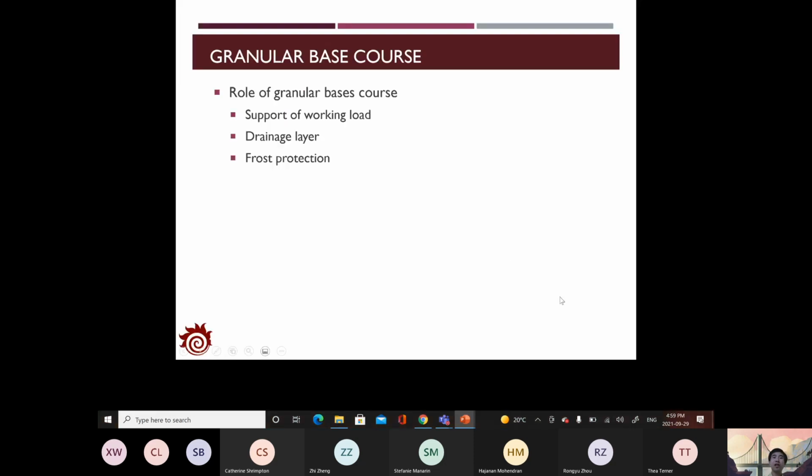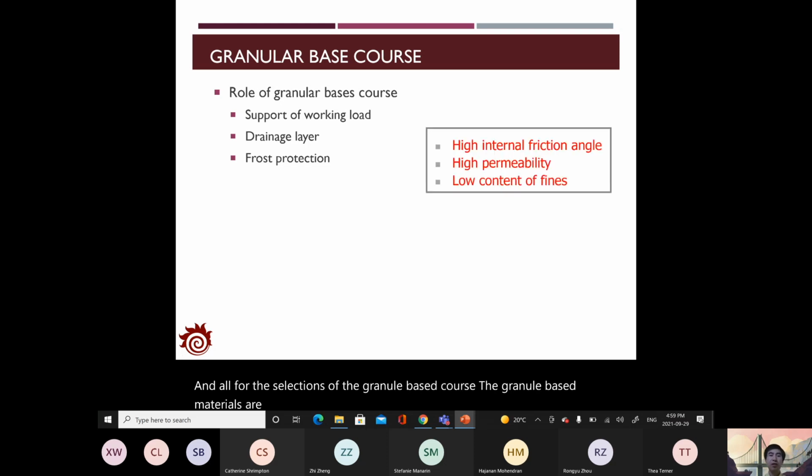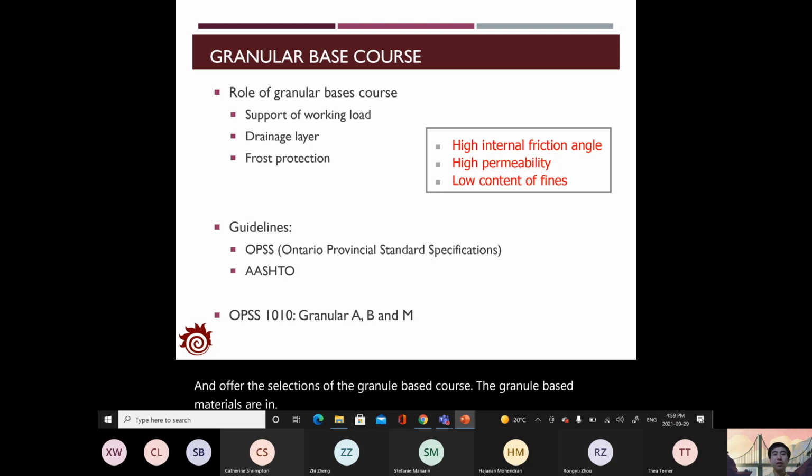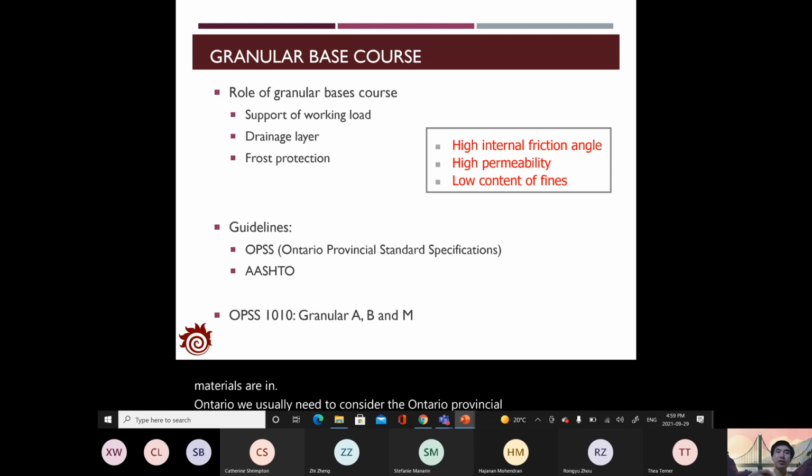And for the selection of the granular base materials in Ontario, we usually need to consider the Ontario Provincial Standard Specification. There will be detailed instructions about how to select those materials.